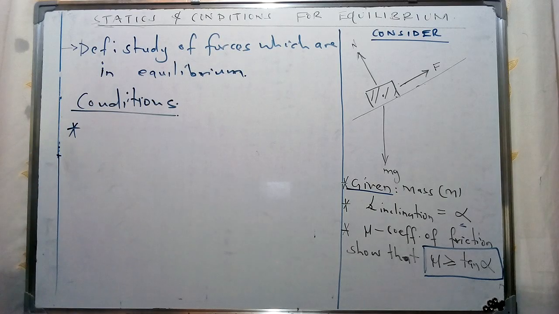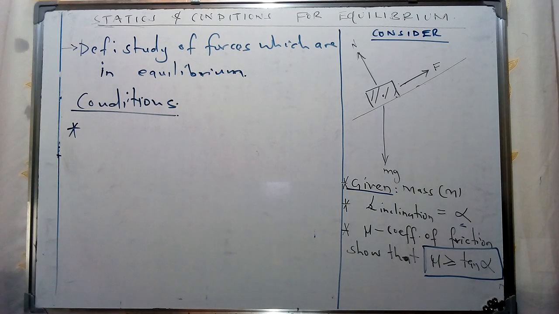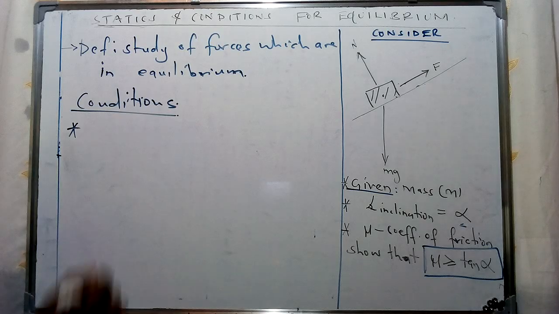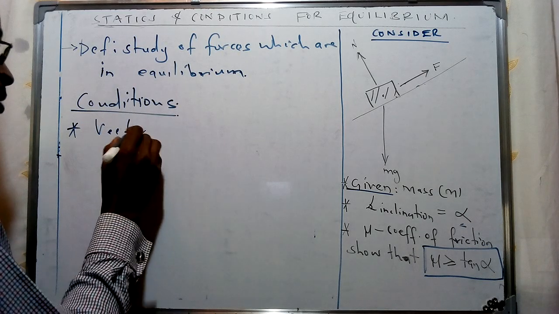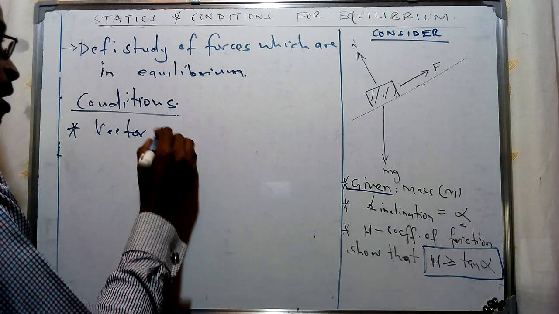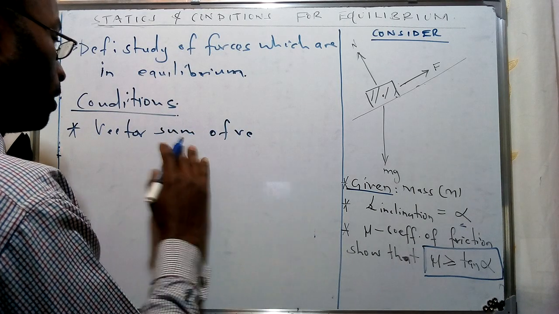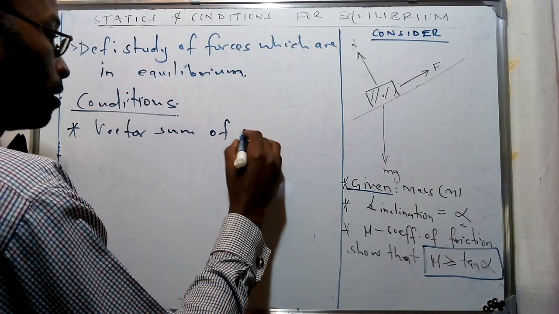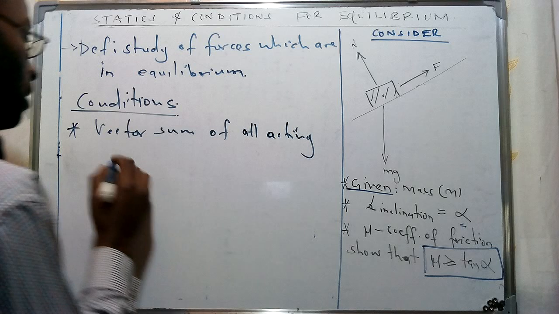For a body to be at equilibrium, the vector sum of all the forces acting on it is going to be given as 0. This implies that if we have a range of forces acting on this specific object, the vector sum of all the forces acting on this specific object is going to be 0.